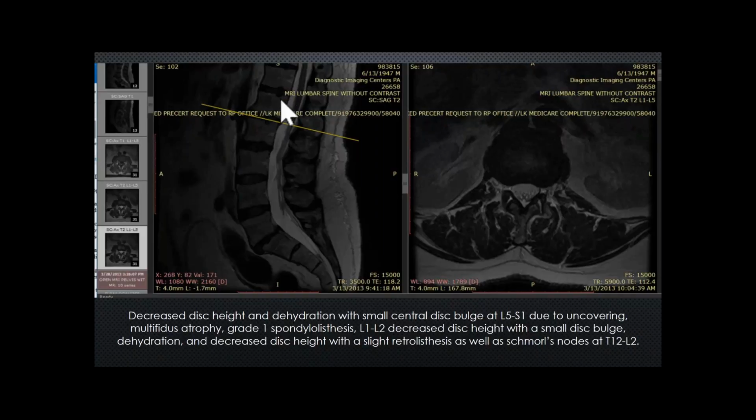There's one here, there's one here, and there's one there. And we can see a slight retrolisthesis of L1 on L2. And here we have an anterolisthesis of L5 on S1. So those are the main things in this particular MRI.